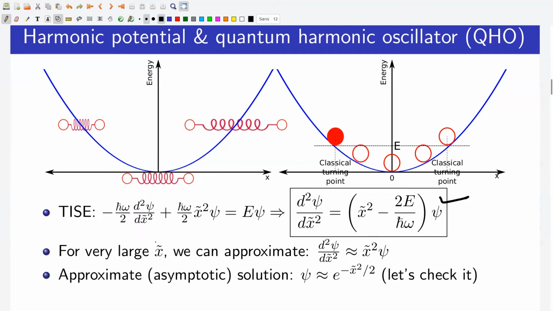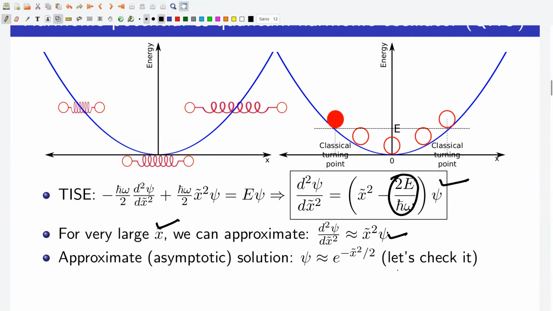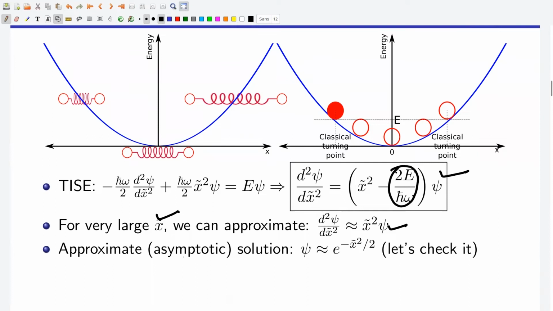Now, for a very large value of x tilde, we can approximately write this equation as this, because if x tilde is very large, we can ignore this part. The approximate asymptotic solution can be written as psi is e power minus x tilde square divided by 2.